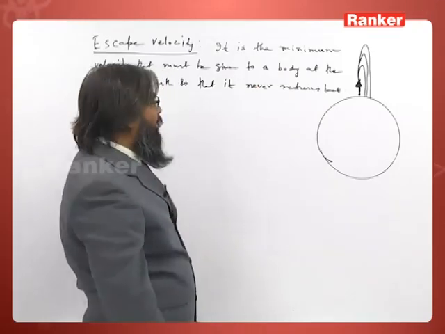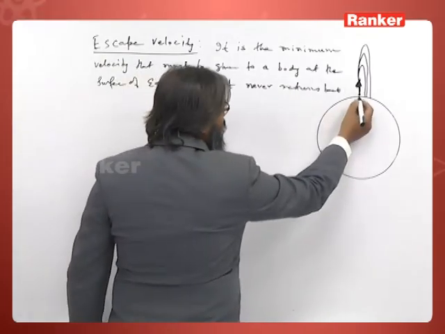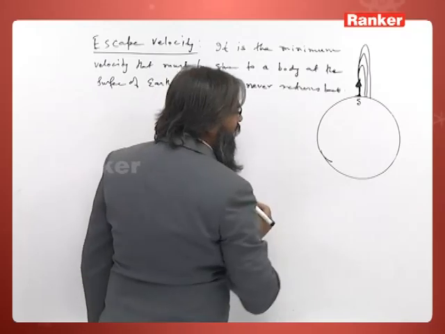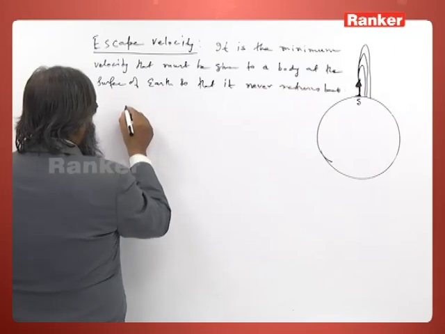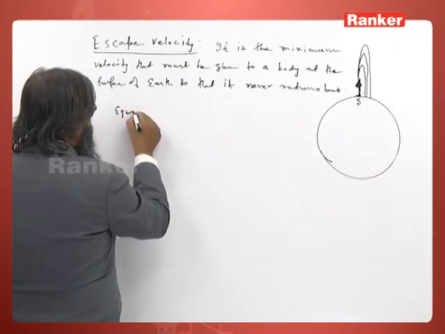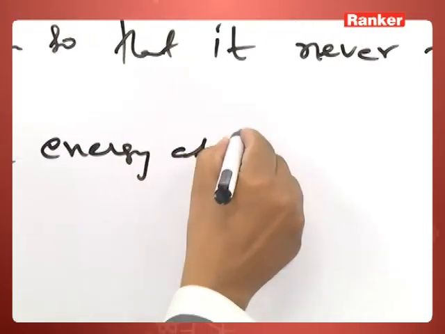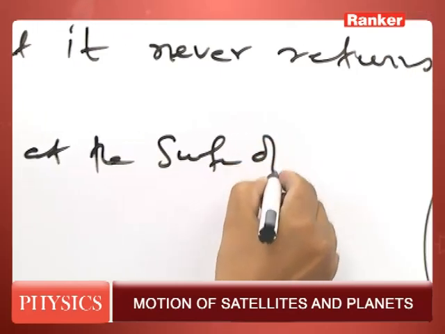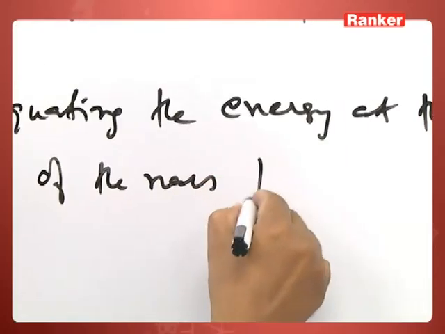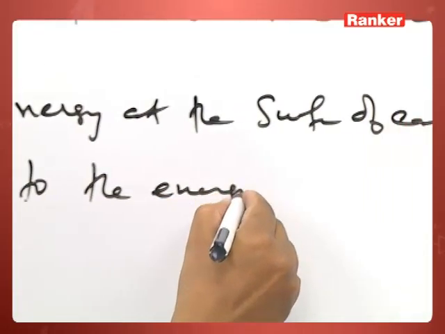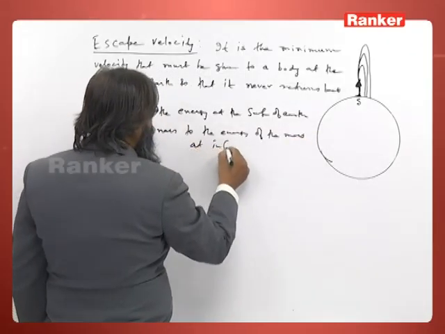So, in order to calculate the minimum velocity, we have to equate the energy on the surface of Earth to the energy at infinity. So, equating the energy at the surface of Earth of the mass to the energy of the mass at infinity.